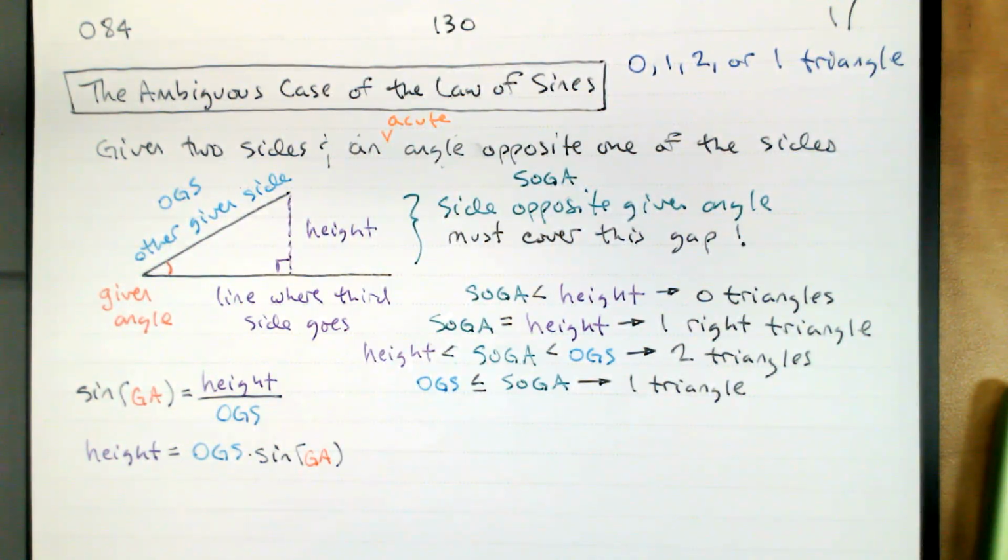But if we have an acute angle and the side opposite the given angle is less than the other given side, we're going to need to know the height to know how many triangles there are.